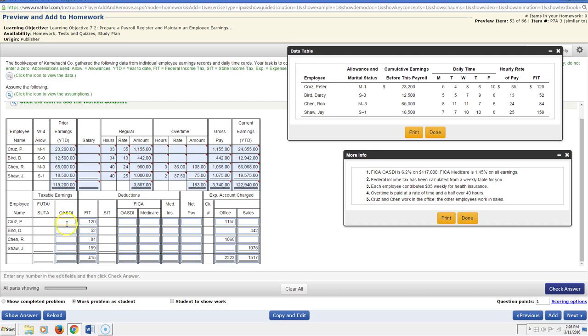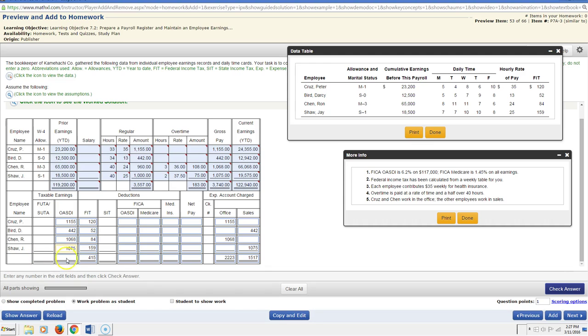So I can just make things a little quicker here by just popping those numbers in. That's 1155, and then Bird, all of his is going to be taxable at 442, and all of the other guy, 1068 for Chen. Just get these in here now, and Jay Shaw, taxable earnings, current gross pay, 1075.